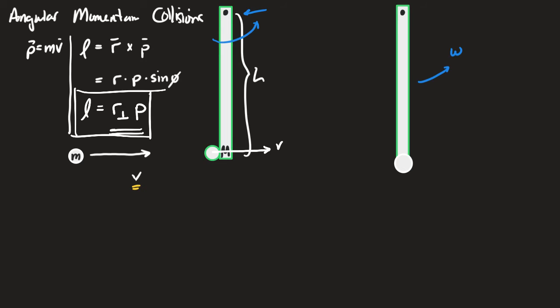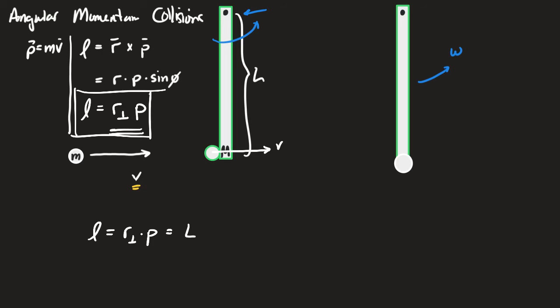So, for this example, our angular momentum, which is r perpendicular times p, is going to work out to be L, the length of the rod.